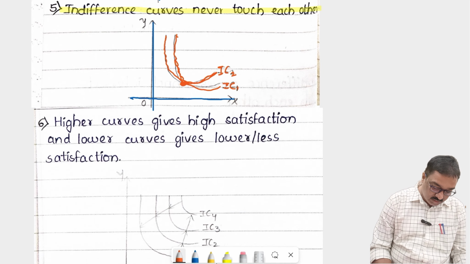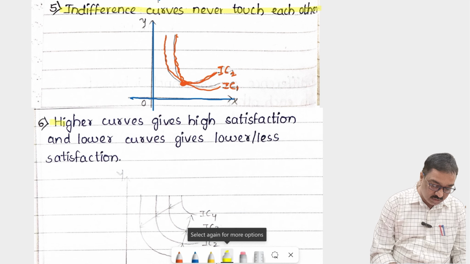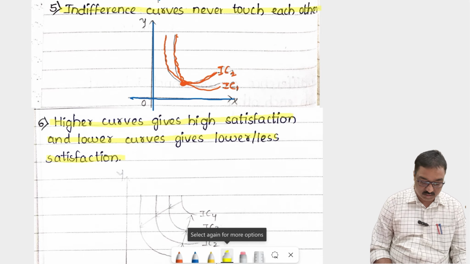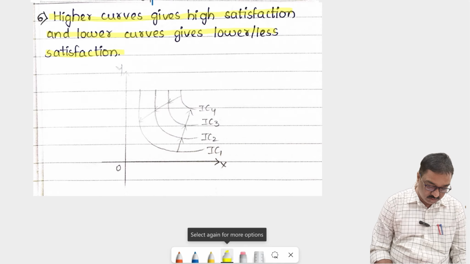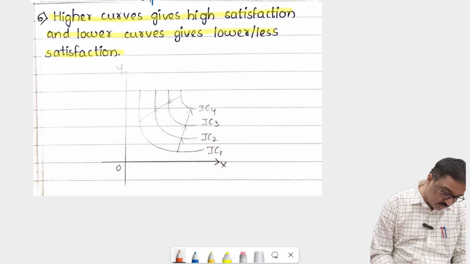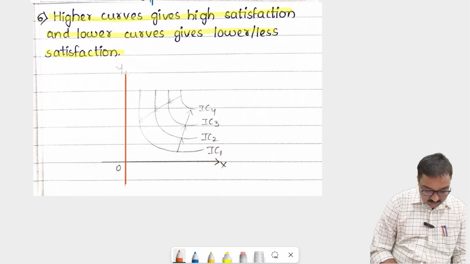Okay. And another property of the indifference curve: a higher curve gives higher satisfaction and a lower curve gives lower or less satisfaction to the consumer. Simply, this is the y-axis, this is the x-axis.